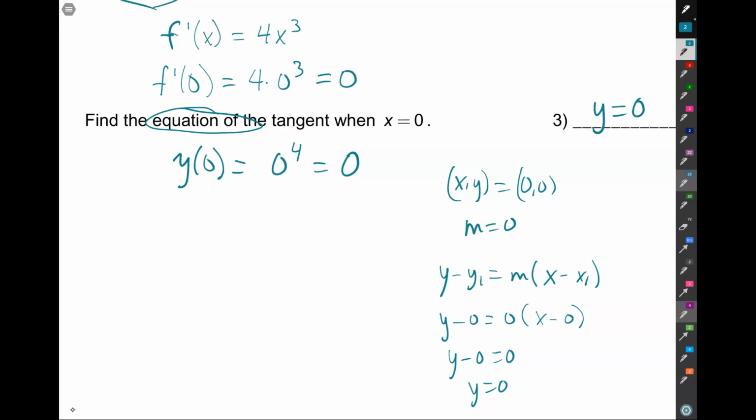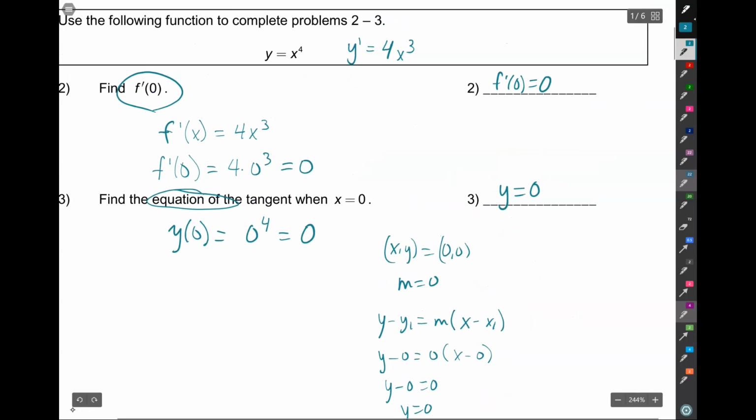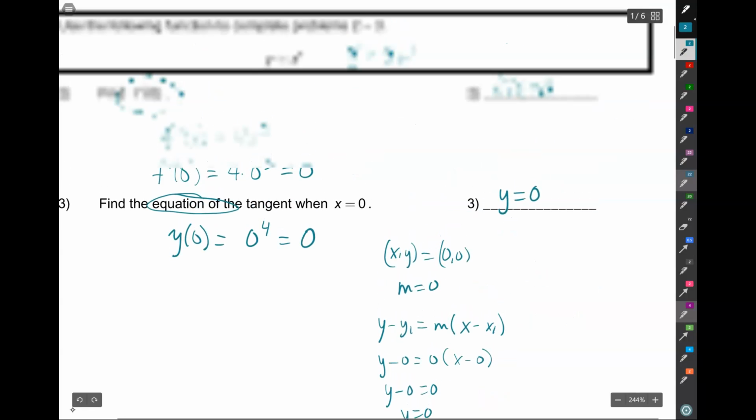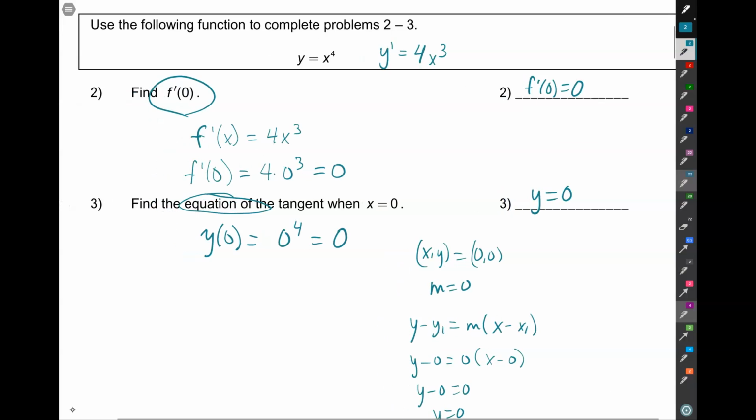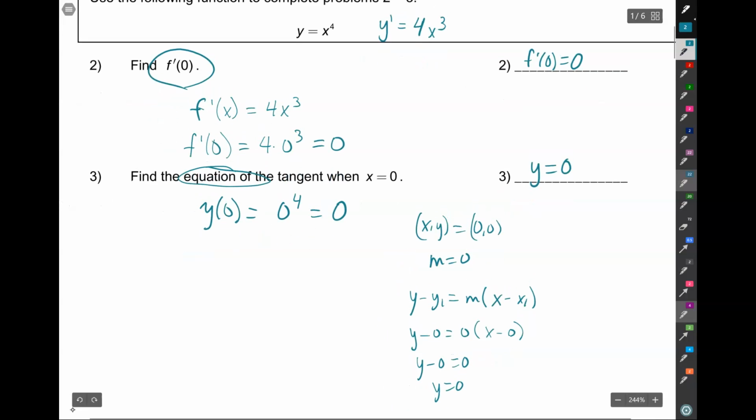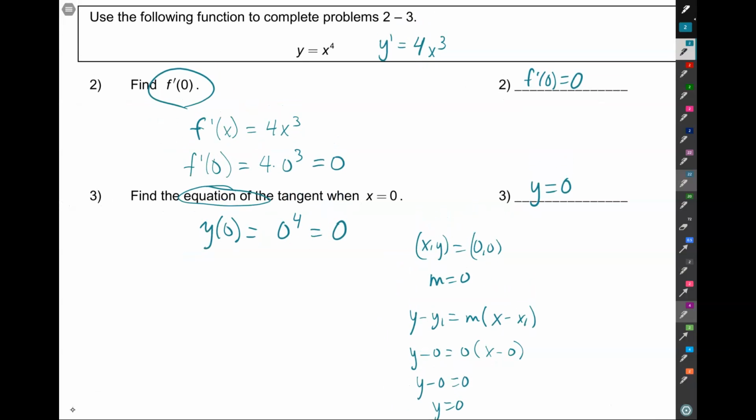Since you know for number 2 that it's 3 times 0, could we just put it directly as 0? Or do you want us to show work?